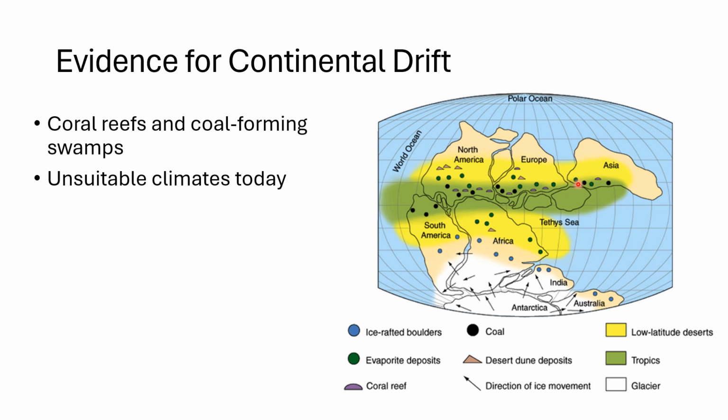But these regions aren't close enough to the equator now, and also the same type of animals that make the coral, other animals and plants that would live in that coral reef, fossils of those are found across this widespread area. And if you take that fossil evidence, the evidence of coral reefs, and line those up, you would start to see that the continents kind of piece together again like a jigsaw.